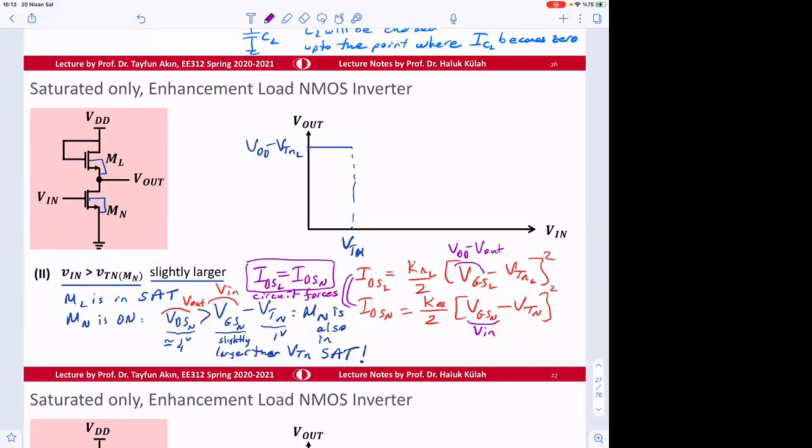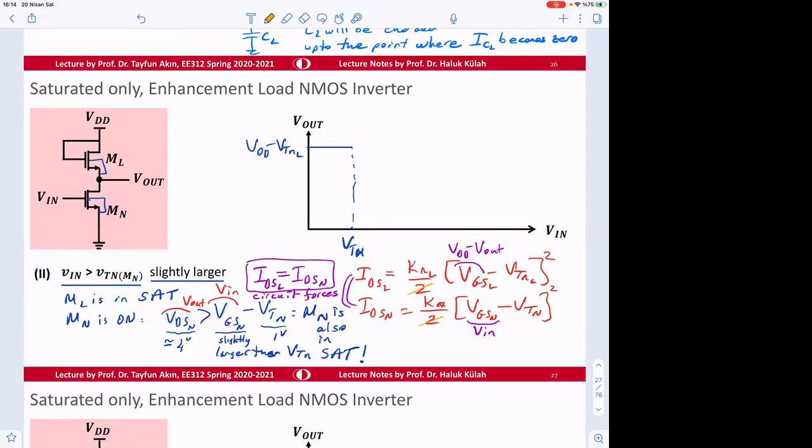We don't have to really find the whole equation here, but if you look at this, they're equal to each other, so the 2's cancel, and we can take the square root of both sides.